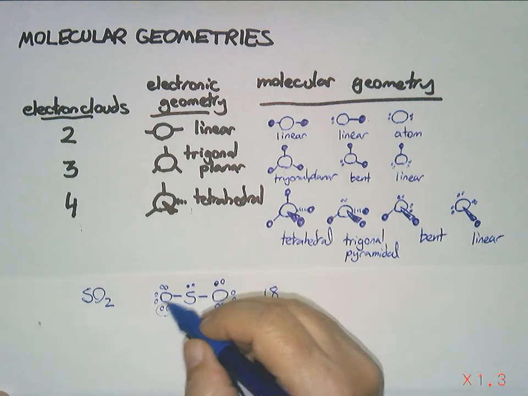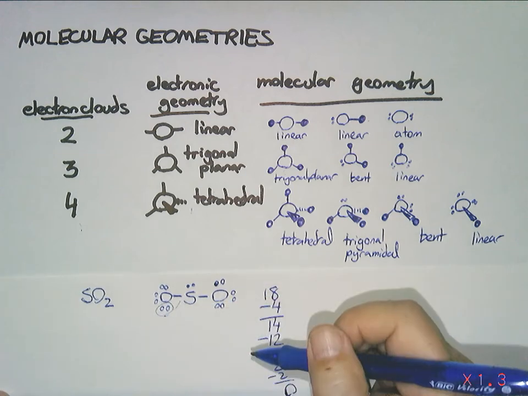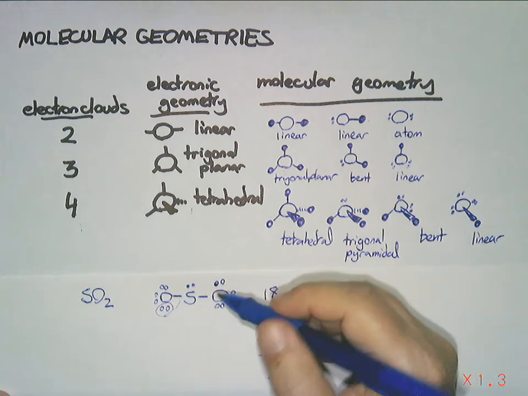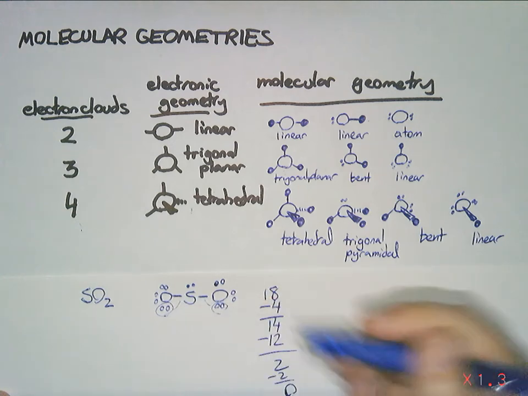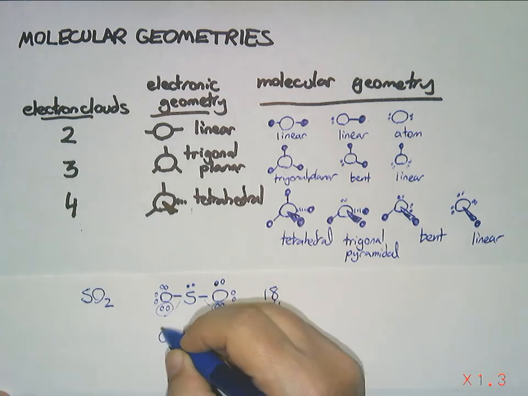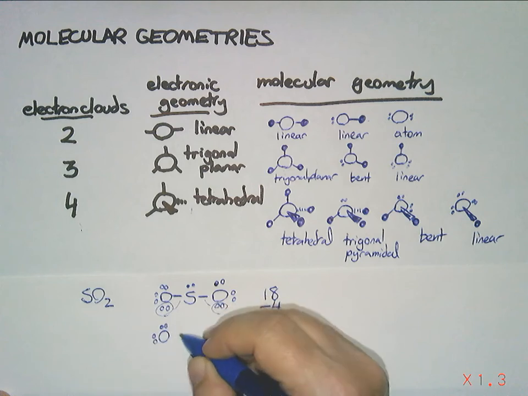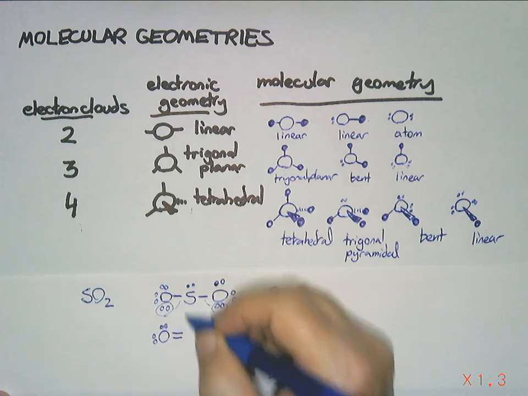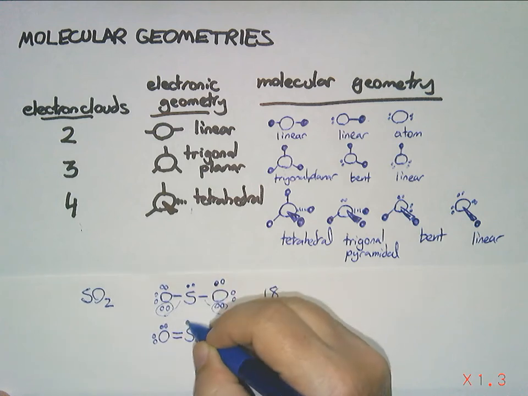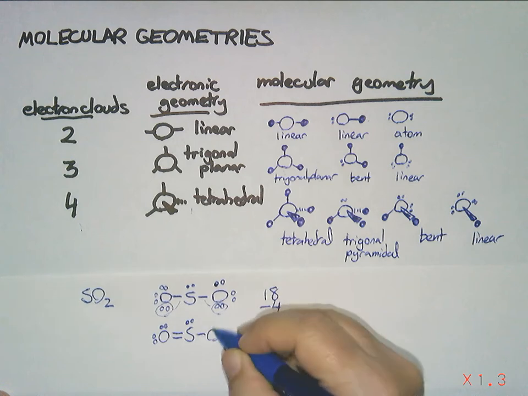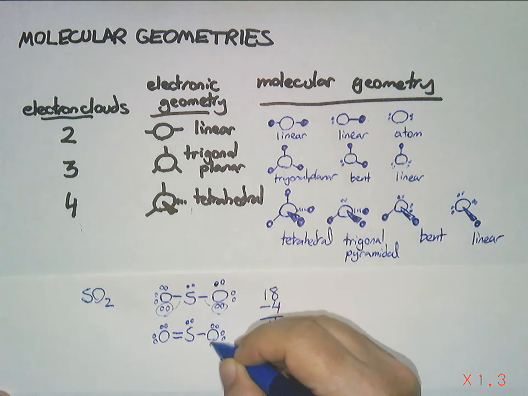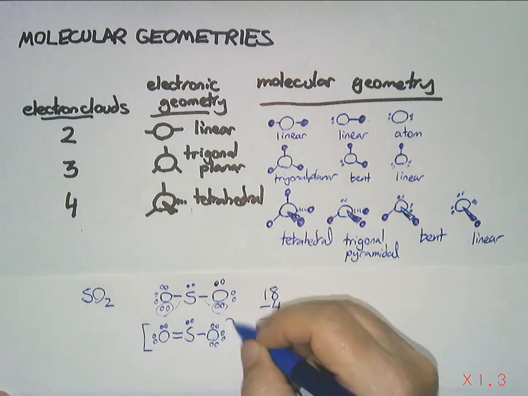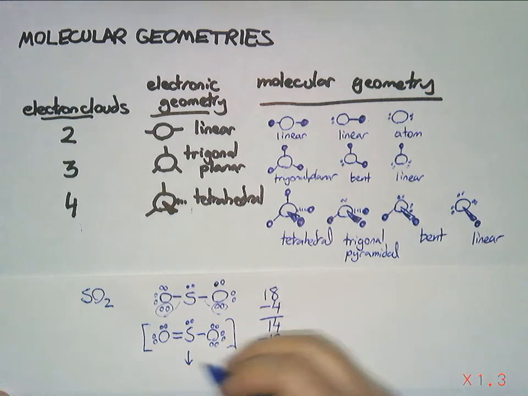So what I need to do is either share an electron pair there or share an electron pair there. If I share it on this side, I get something like this. If I share it on the other side, I get something like this.